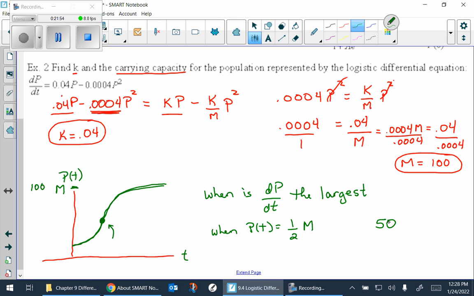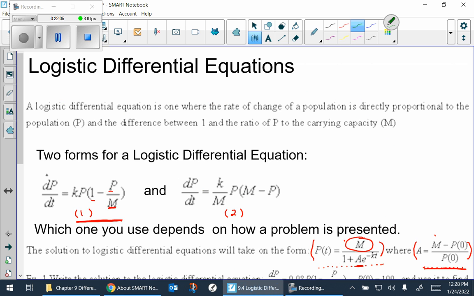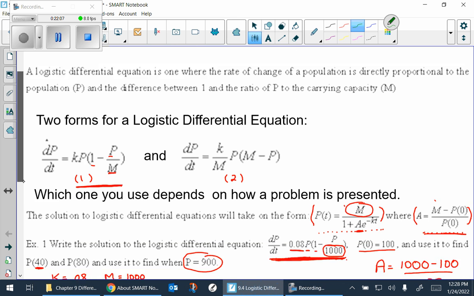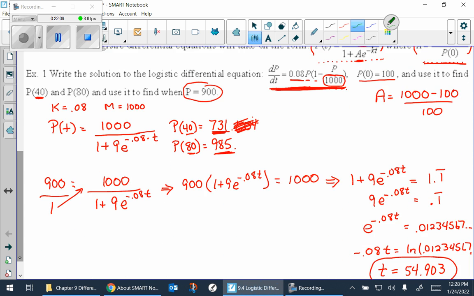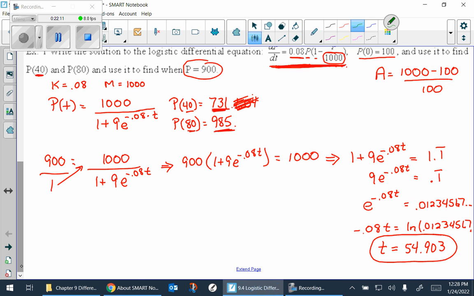If they say, at what time is the rate of change the largest? Well, then, like we did back here, we would have to solve the differential equation for the time. But we'd have to start with a population that is half of the carrying capacity.